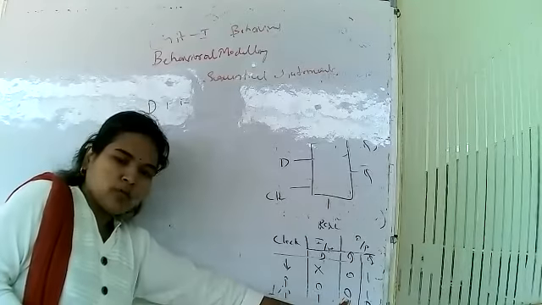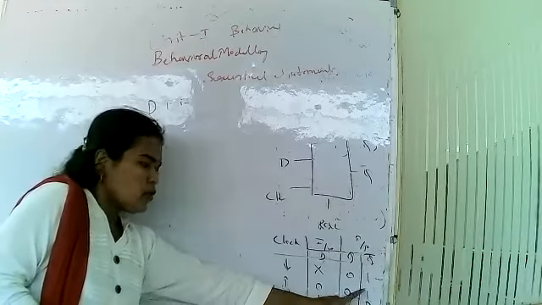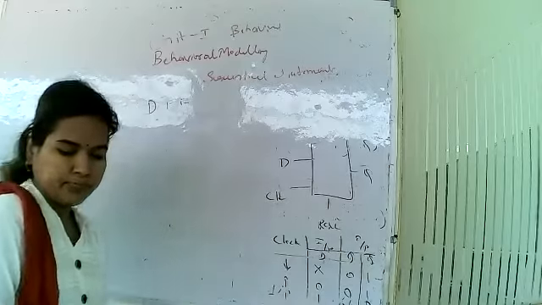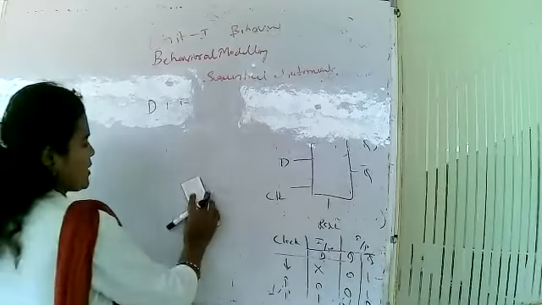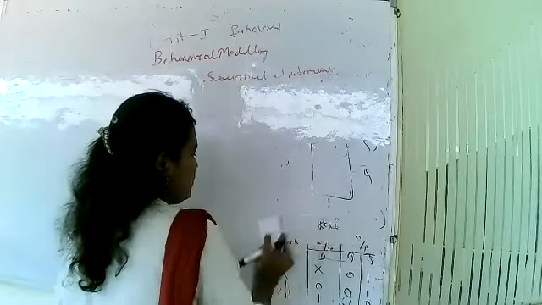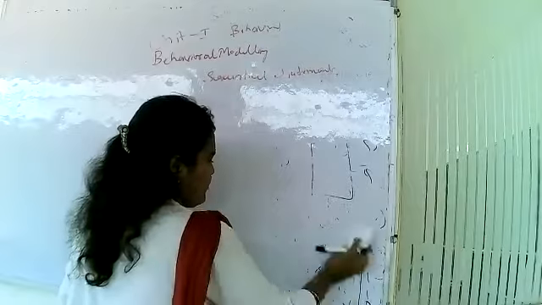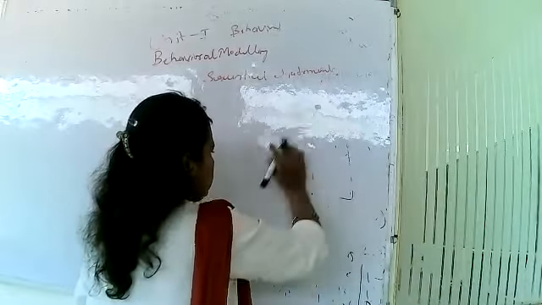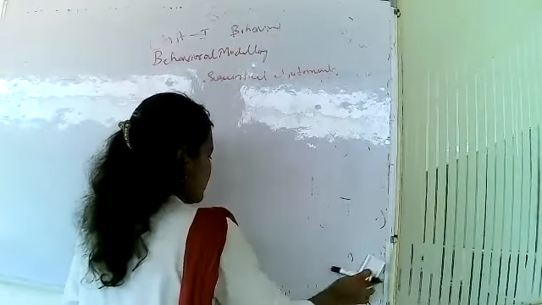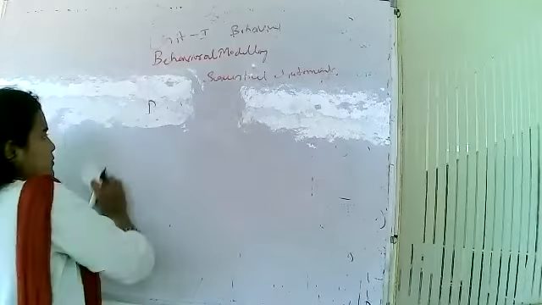Whatever is there will be in the output, and Q bar is the complement of this. Taking this as an example, we will study the process, starting with the program.